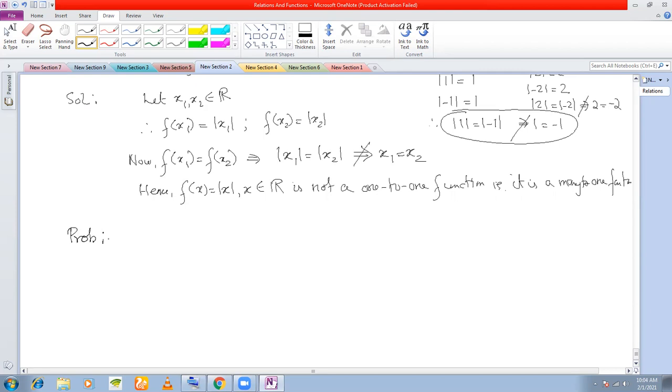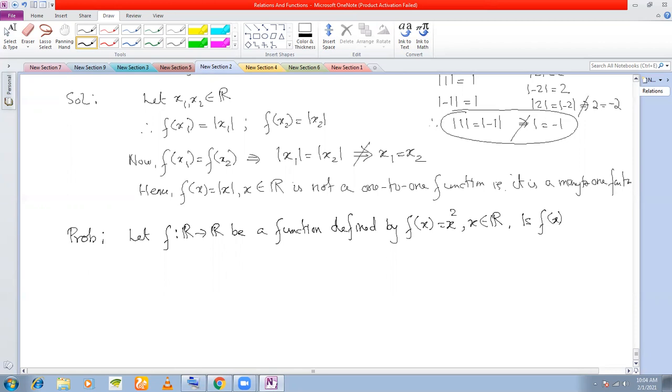Let f from R to R be a function defined by f(x) is equal to x square, where x belongs to R. Question: is f(x) injective?